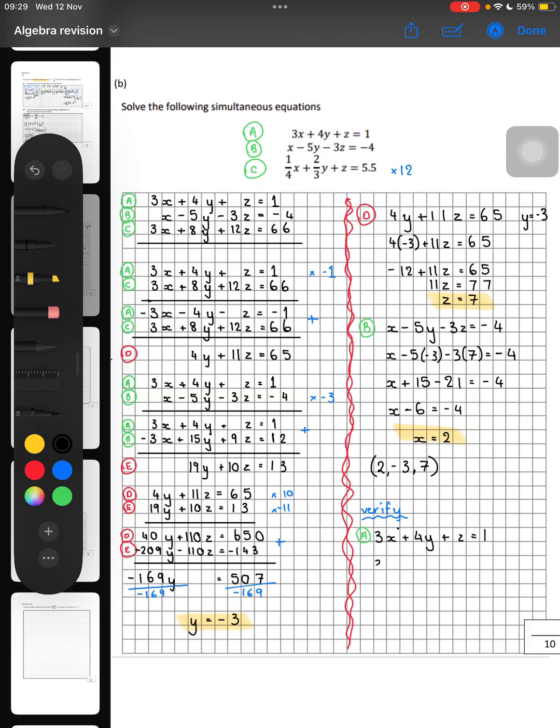So that's 3 by 2 plus 4 by minus 3 plus 7 equals 1. If both sides work out the same, that's me really, really happy with my answer. So if I simplify that left-hand side, it's 1. So 1 is equal to 1. So I'm happy.